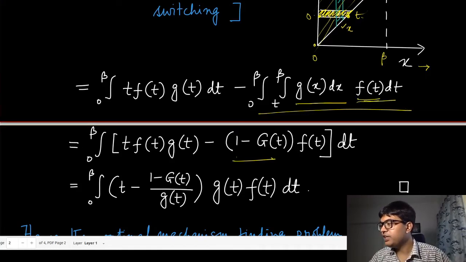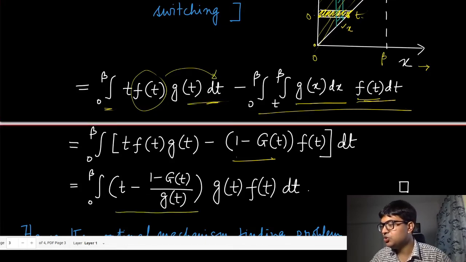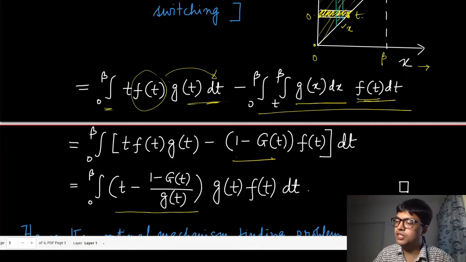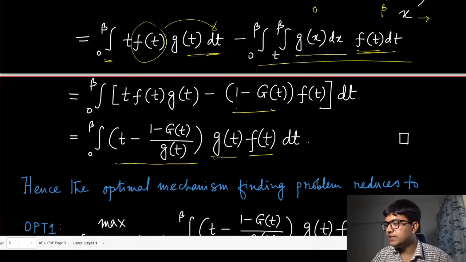Now this f(t) integral over 0 to beta is the same integral which is also happening here. So we can take this f(t) dt outside, and look at the rest of the integral together. With some rearrangement, we find this is going to be t minus (1 minus G(t)) divided by g(t), multiplied by g(t) and f(t), and that is exactly what we wanted.